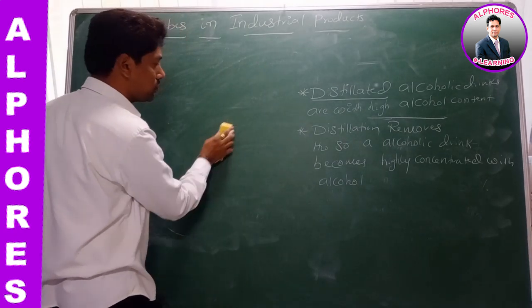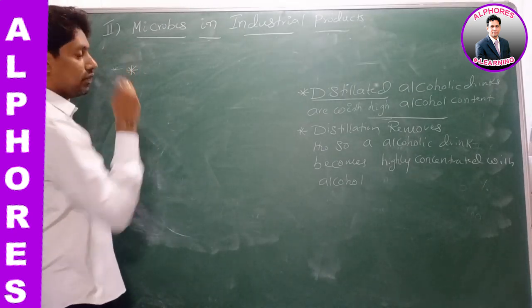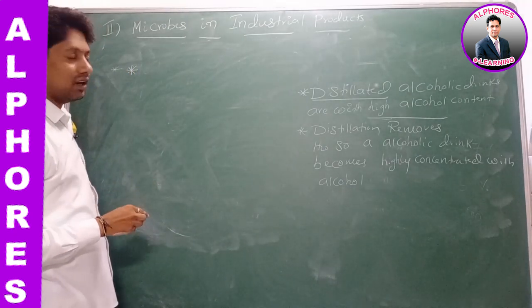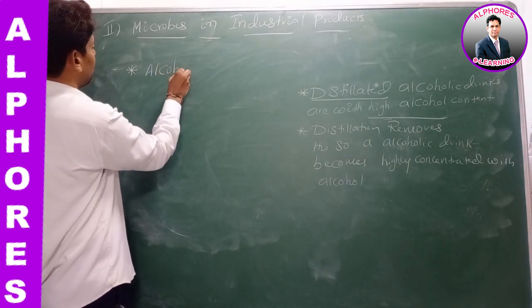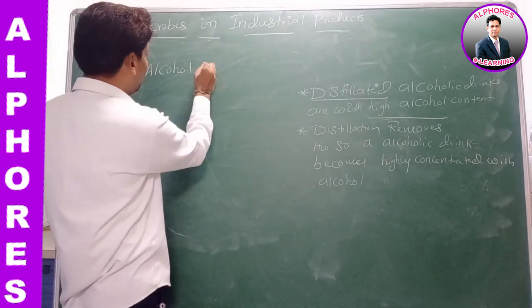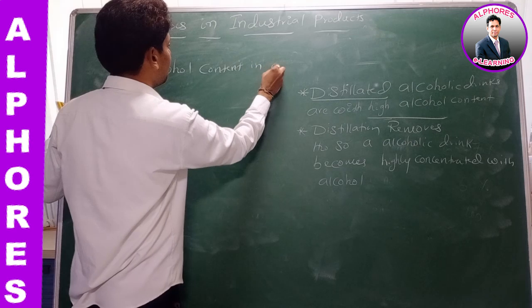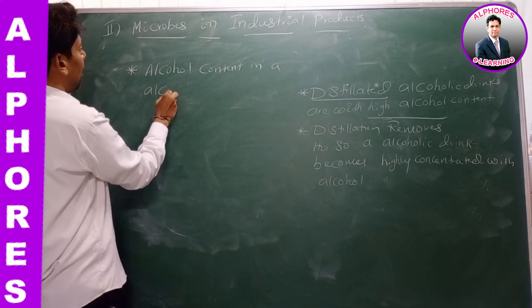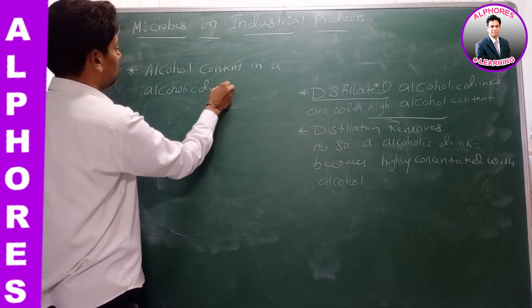What is the instrument name? Alcohol meter. Therefore, by using an alcohol meter, the alcohol content in an alcoholic drink is measured.